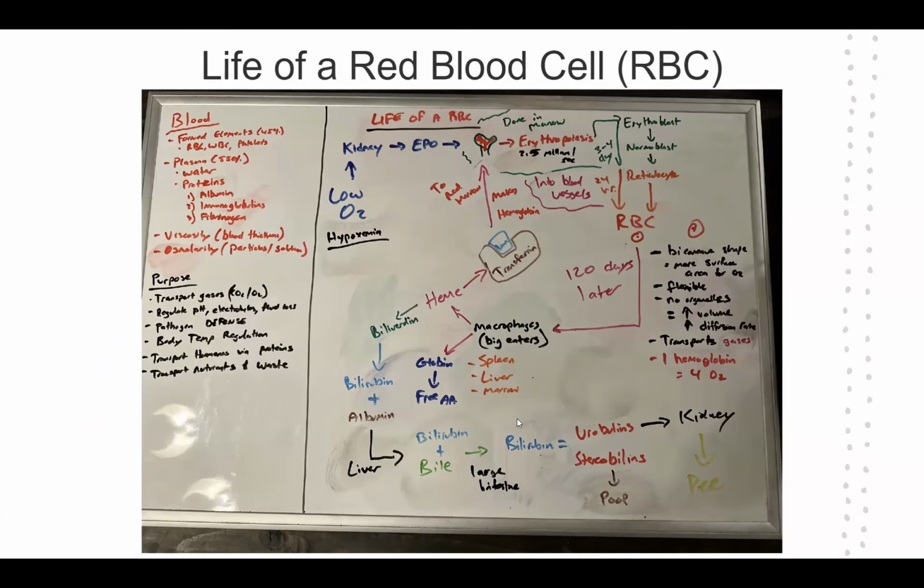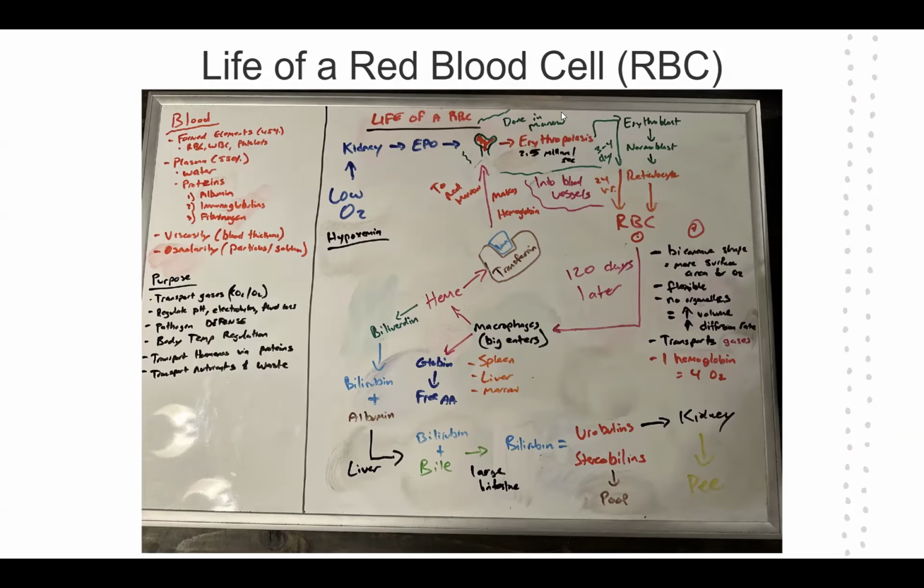So what you have in front of you is the whole life of a red blood cell, from basically birth to death. For our purposes, we really only care about producing the red blood cells and getting them out to the body. You don't have to worry about any of the destruction portion with the bilirubin and the macrophages, liver, etc. So I wouldn't worry about that.